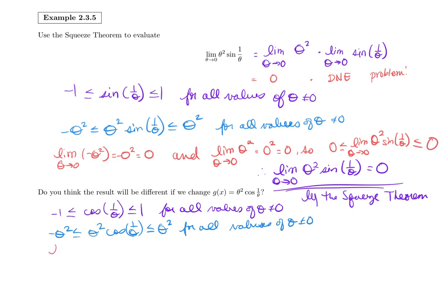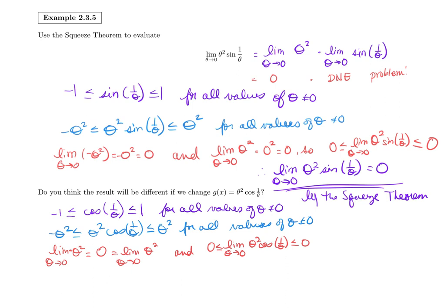And then again, our limit as theta approaches 0 of negative theta squared is going to equal 0, which is our limit as theta approaches 0 of regular theta squared. So we now have that 0 is less than or equal to the limit as theta approaches 0 of theta squared cosine of 1 over theta, which is less than or equal to 0.